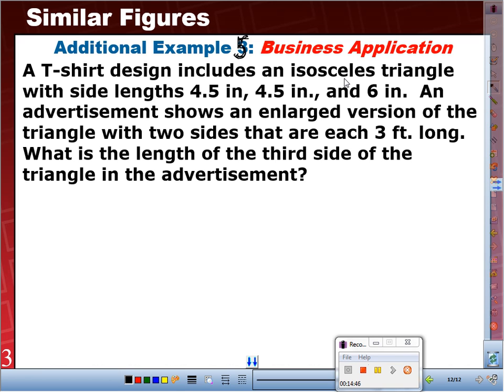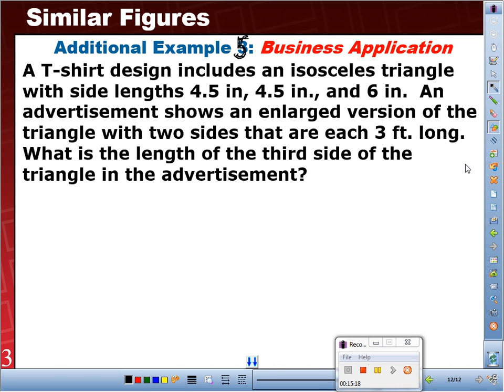So for those of you that forgot, isosceles triangles are triangles where two of their sides are the same measurement. An advertisement shows an enlarged version of the triangle with the two sides that are 3 feet long. What is the length of the third side of that triangle in the advertisement? Copy that, please.